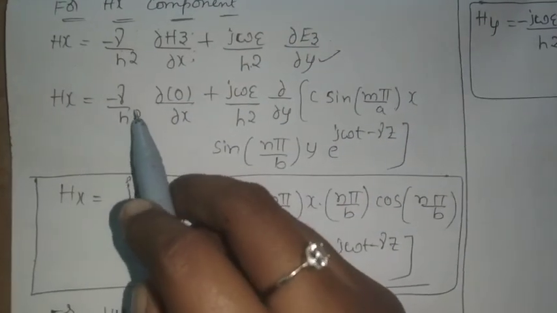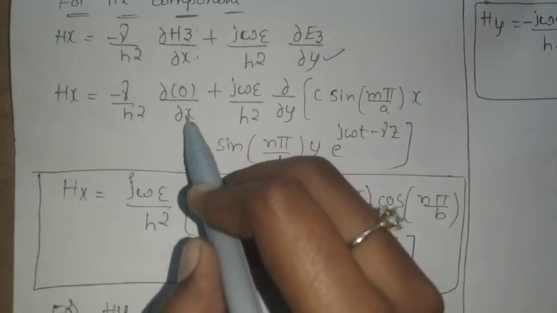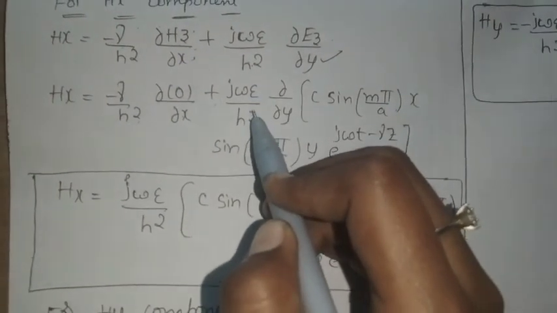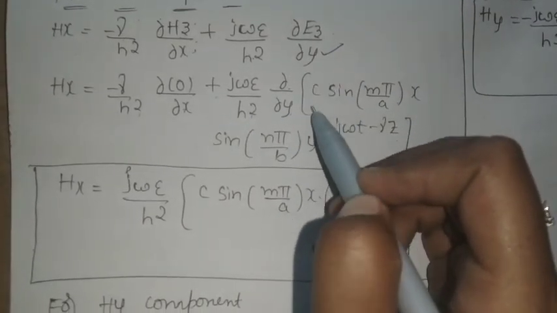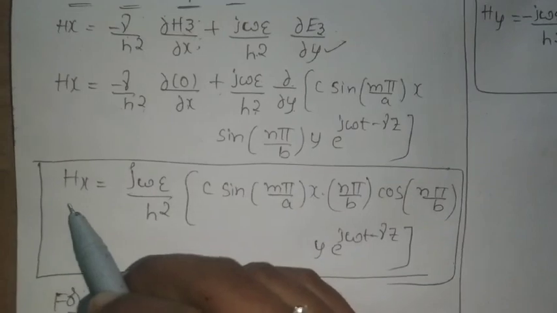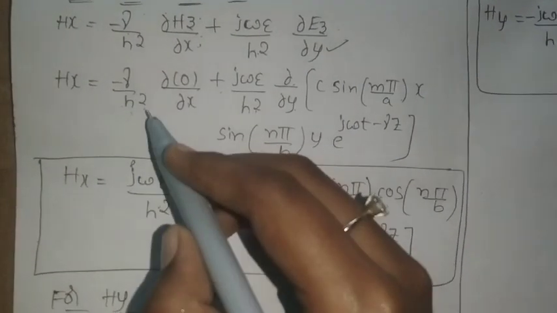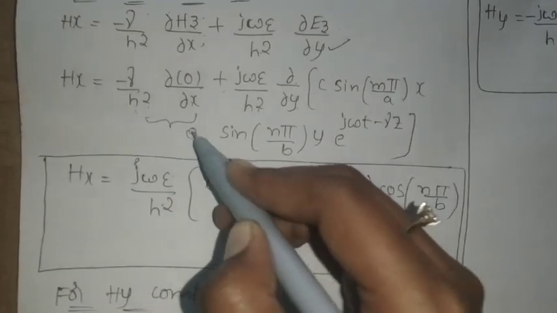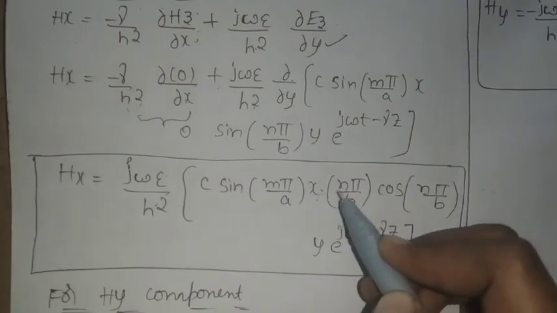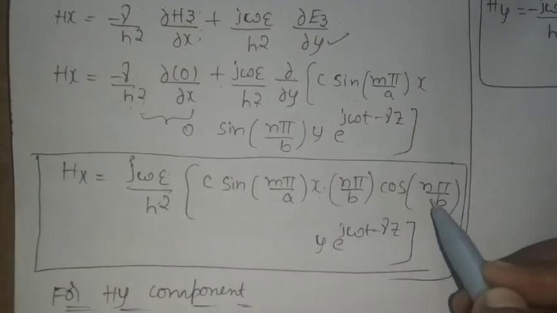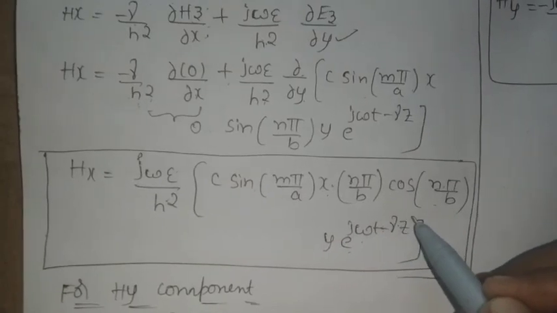In the place of Hz, we are replacing ∂(0)/∂x, and in the place of Ez, we are writing the expression for Ez. Now Hx = jωε/h² C sin(mπx/a) (nπ/b) cos(nπy/b) e^(jωt-γz), since the first term becomes 0.